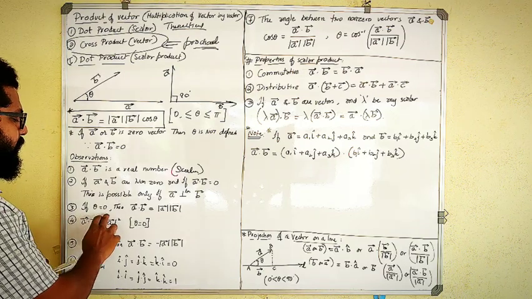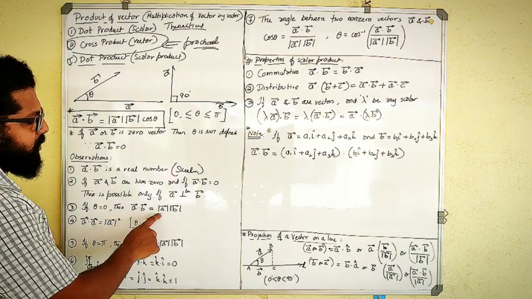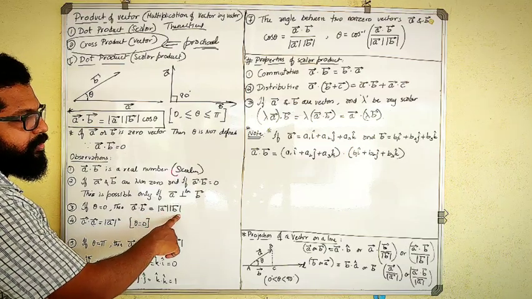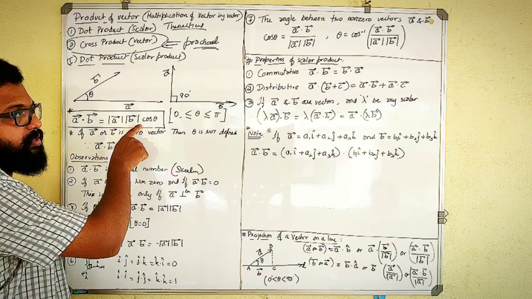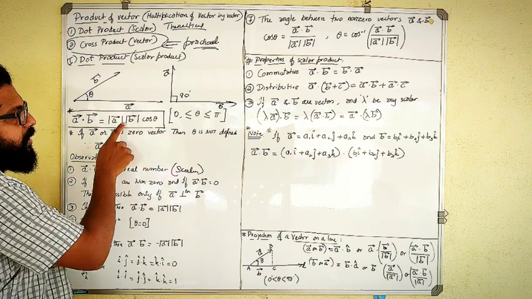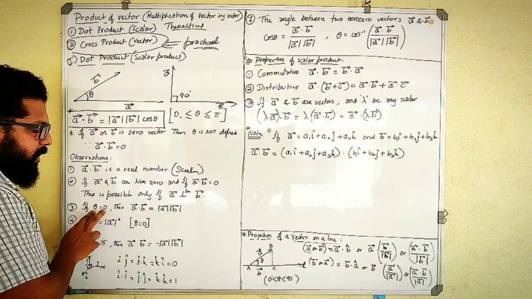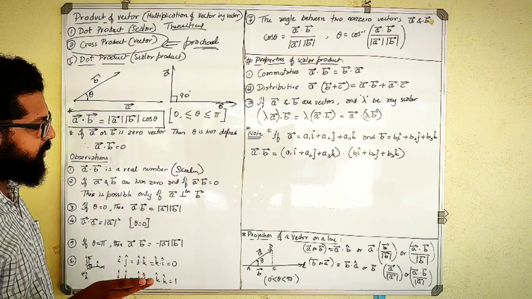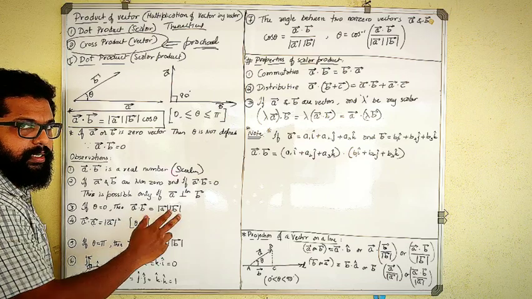And then one more, third observation. If theta is equal to 0, then A dot B is equal to magnitude of A into magnitude of B. Simple as that. Cos theta, theta is 0, cos 0 is 1. So magnitude of A and magnitude of B just remain the same. If the angle between the two vectors is 0, then the dot product is simply the product of their magnitudes. Clear?